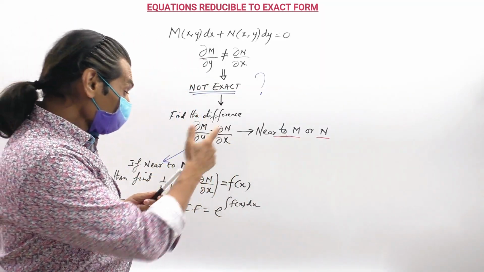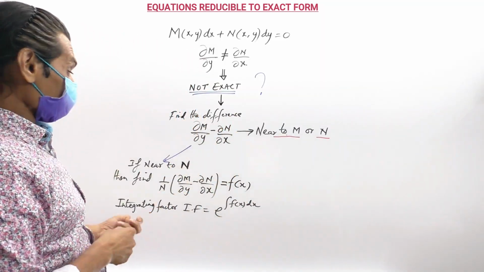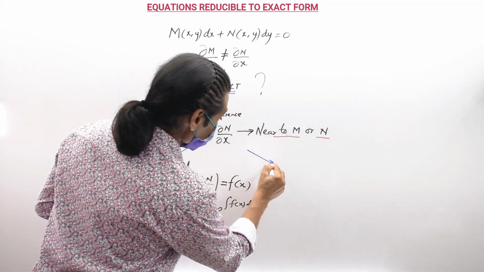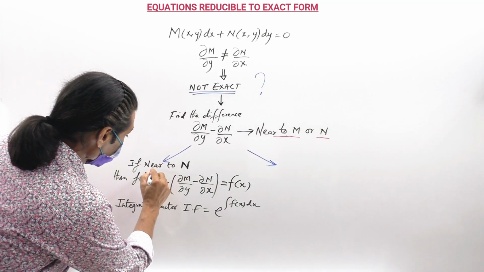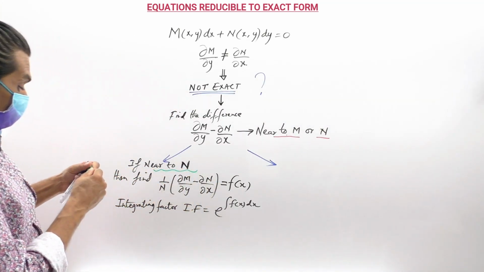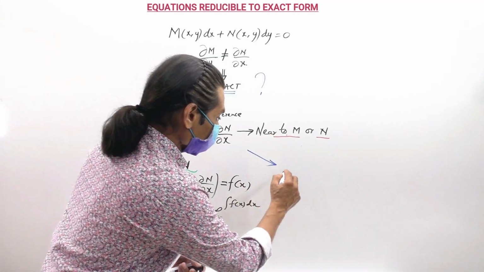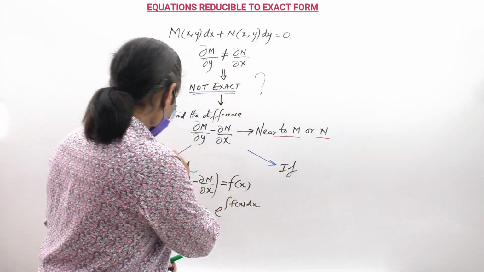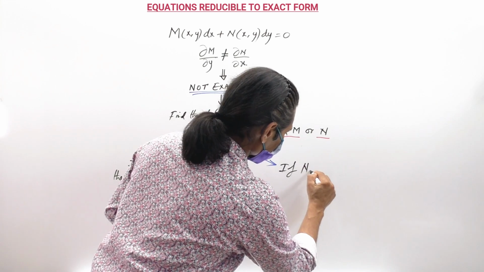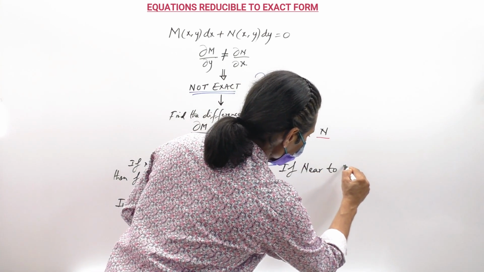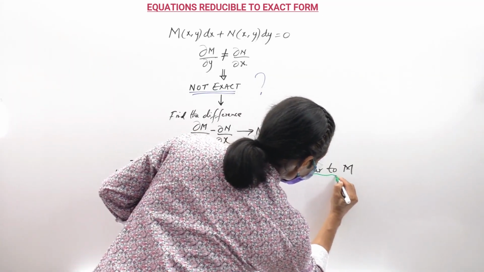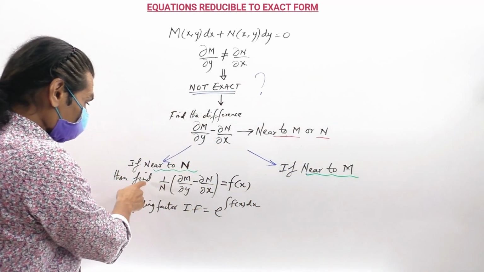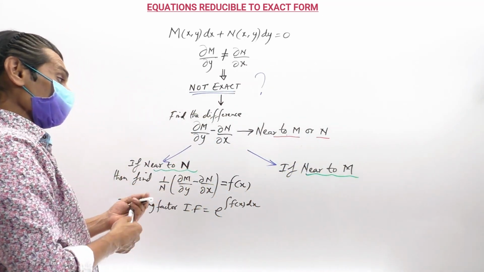Getting it? So now the next thing, see carefully. Here I have taken near to n. Now I will take near to m. What to do? See, if it was near to n, we find 1 by n into dou m by dou y minus dou n by dou x.